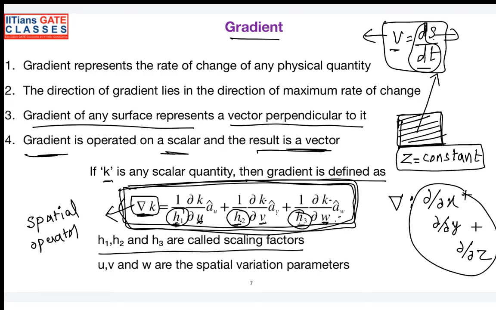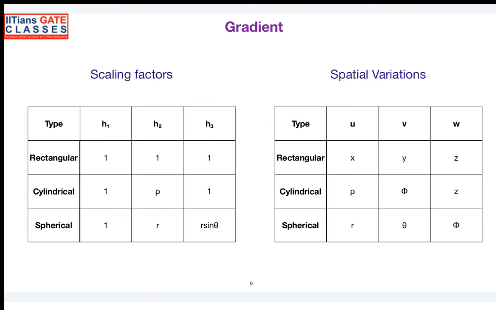So you can see here, what are the scaling factors we have discussed in case of a rectangular? h1, h2, h3 correspond to x, y, z if it is rectangular. Since x, y and z are all linear variations, the multiplier will straight away be 1. We have already seen this. What happens when it is cylindrical?